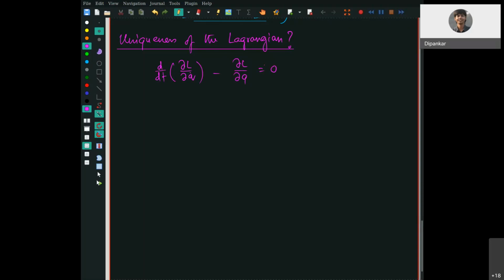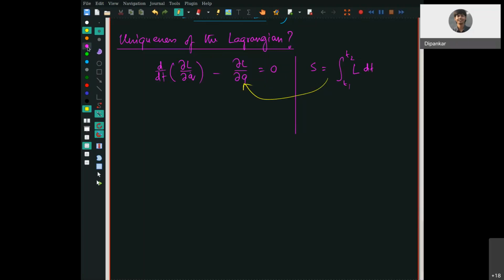Now, the question I'm trying to ask is that suppose S was defined as integration L dt from T1 to T2. And this led me to this equation of motion.